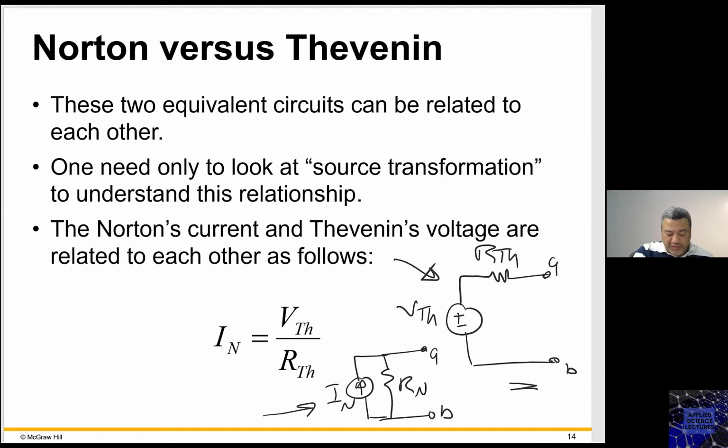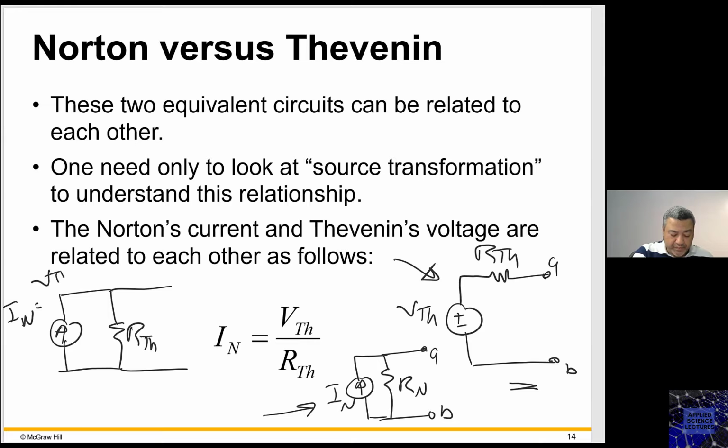Because if you do the source transformation, basically this series resistor will now be transformed to parallel, and then a source, and this source is indeed V Thevenin divided by R Thevenin. And remember, we said earlier that this is R Norton as well. So this one is also R Norton. So this is the relationship between the Norton's equivalent circuit and Thevenin's equivalent circuit. You can get one from the other.